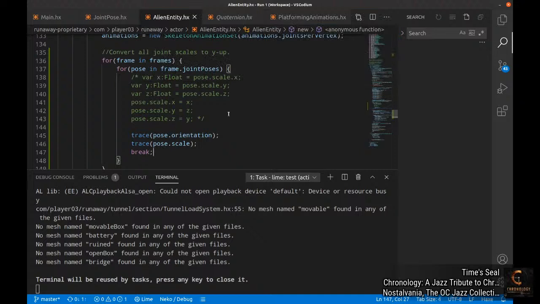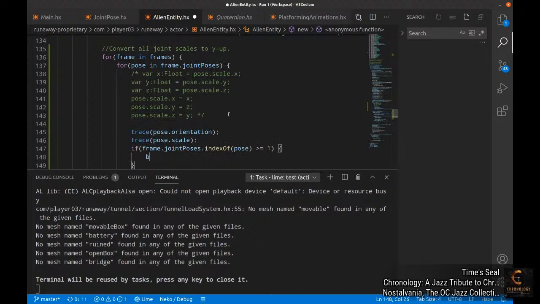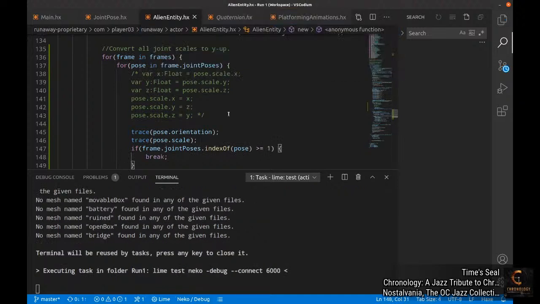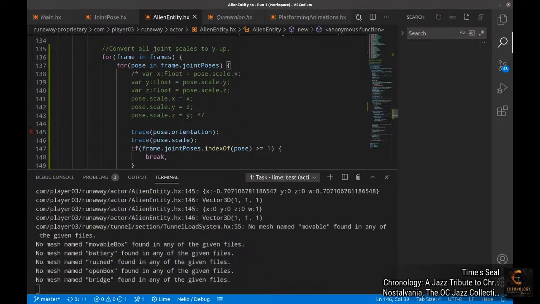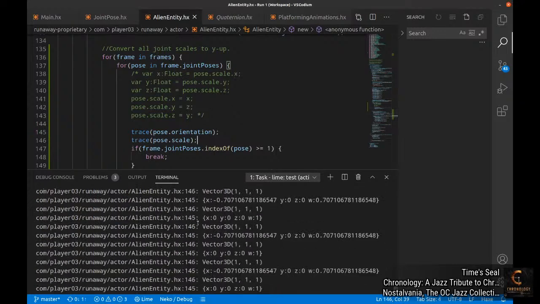Actually, I don't just want the first. I want... So, basically, I'm going to print out information about the very first two bones and then stop.